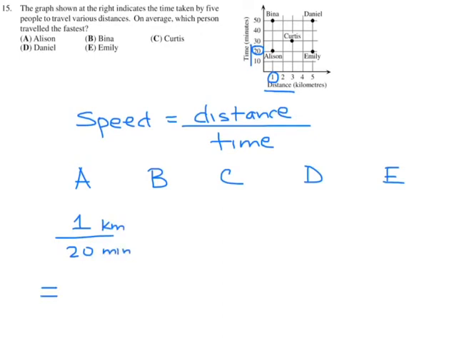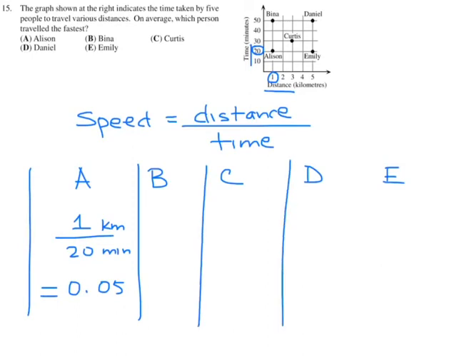And that is 0.05. All right? So we'll do this for each of these. And the person that has the greatest speed is the fastest. So next one is Bina. Hers is 1 for this distance and 50 for the time.